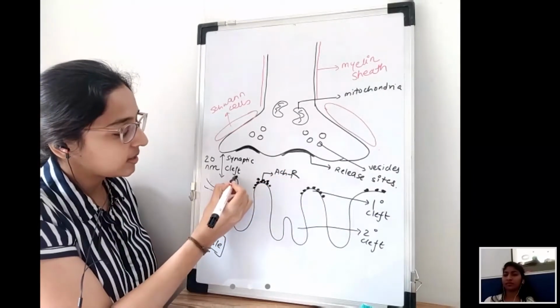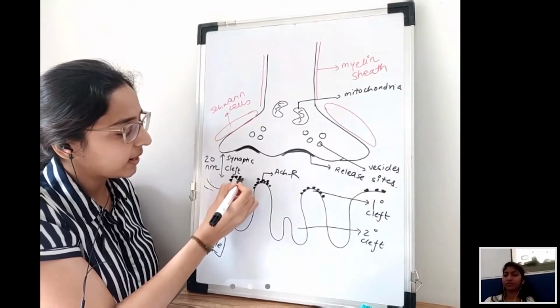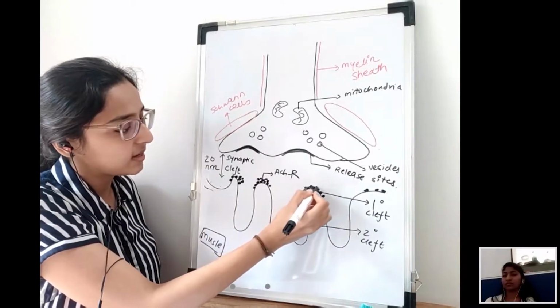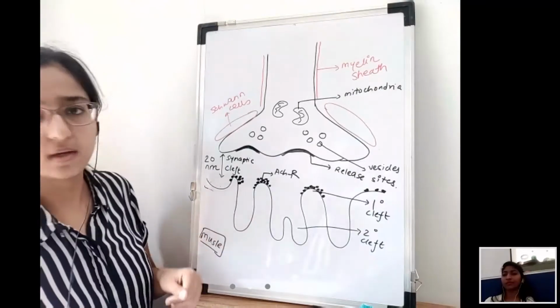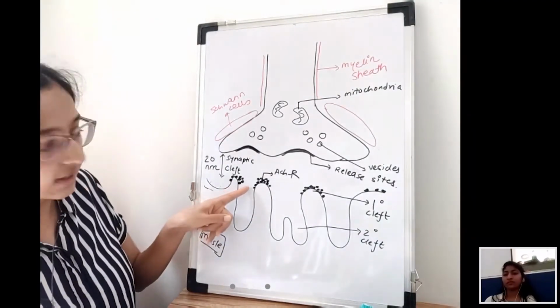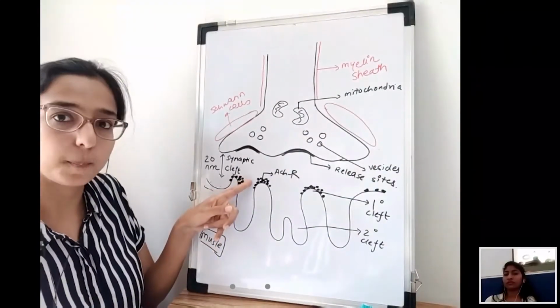These receptors which I've drawn over here, you will notice that they're located only in a particular area. Are you finding them anywhere else? Did I draw them elsewhere? No. So they are found only at the top of the cleft. You have to remember the receptor is found at the top.